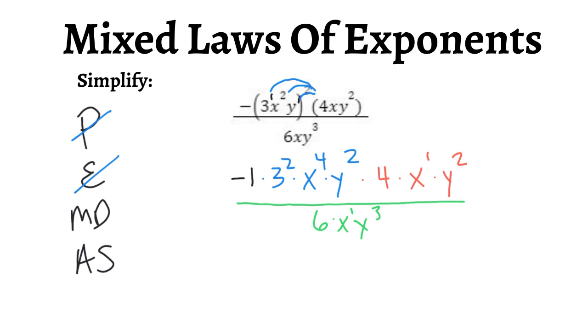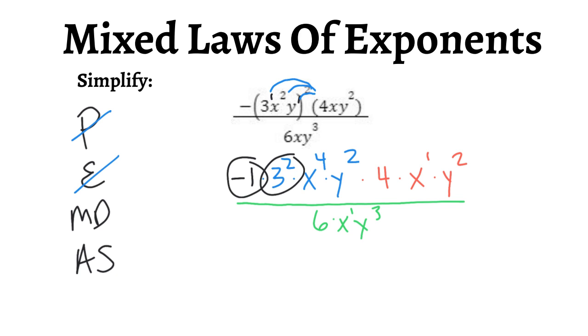Now I'm going to deal with multiplication. Okay, this multiplication property, I'm going to combine all of these like terms. So what I have here is negative 1 times 3 squared times 4. These are going to be our like terms. I'm going to circle these so that we can see what we're working with first.